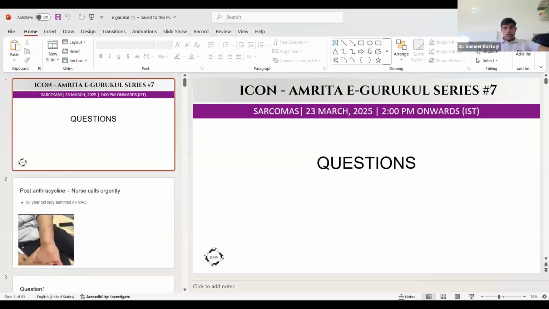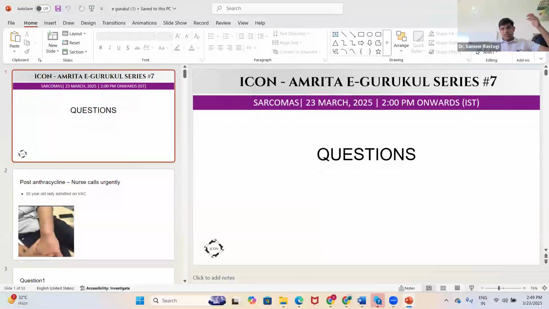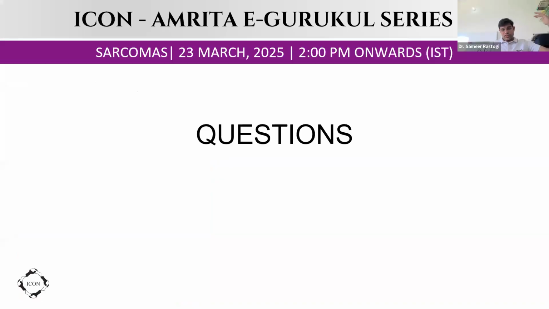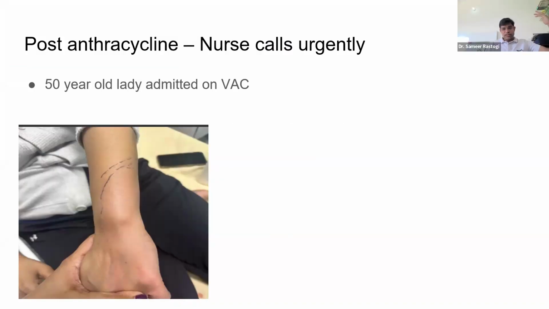Yeah, can you see the image? Sir, how to go ahead with this? I can't see the image. Should I share this and do it myself? It would be easier for me. Sure, sir, you can share it on your own.